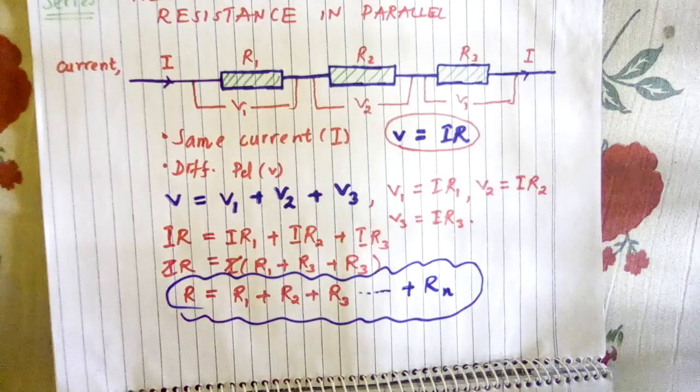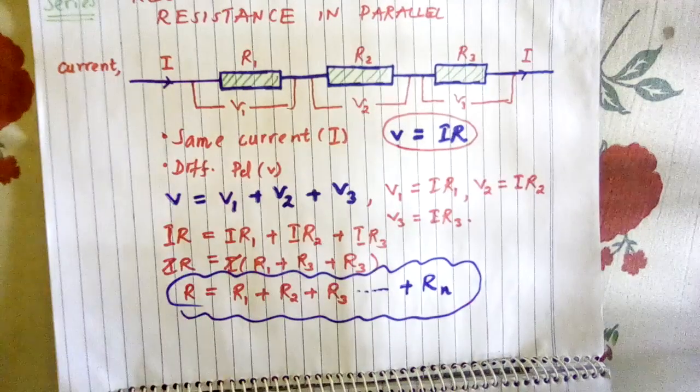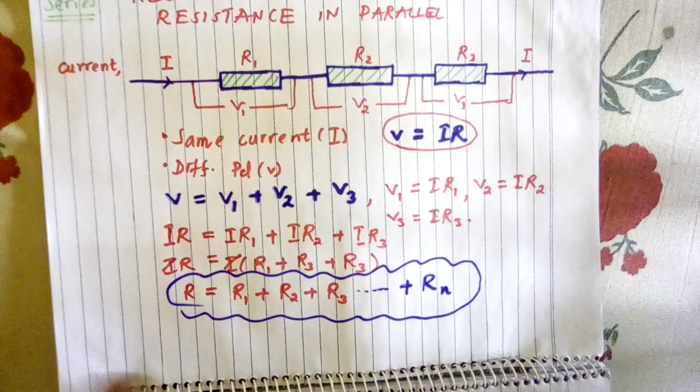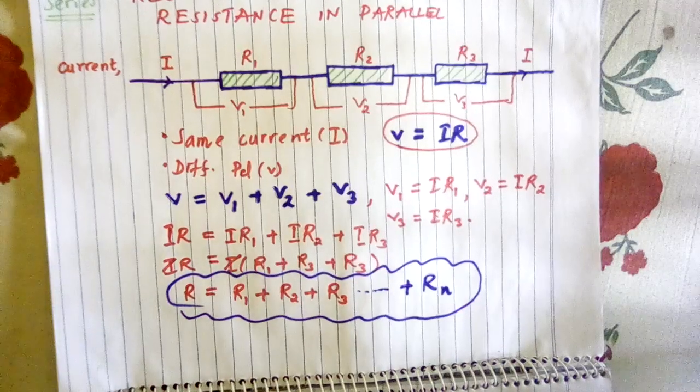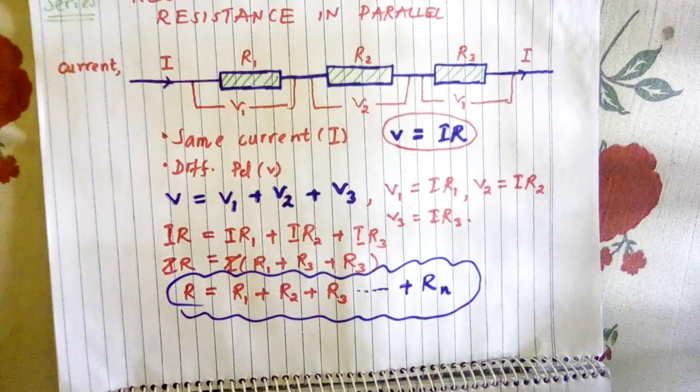We have derived it. It's quite simple. Just to recapitulate, for resistors arranged in series, they always have the same current, but they have different potential differences across their terminals. Having seen that formula, now let's find the other formula.